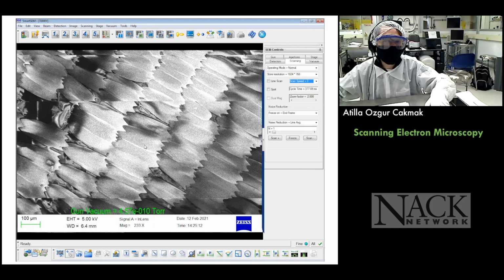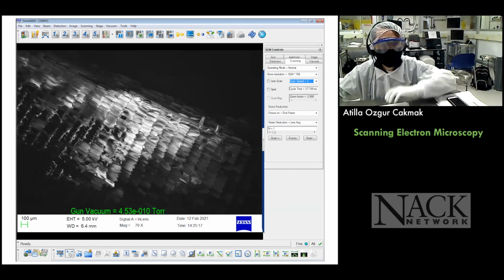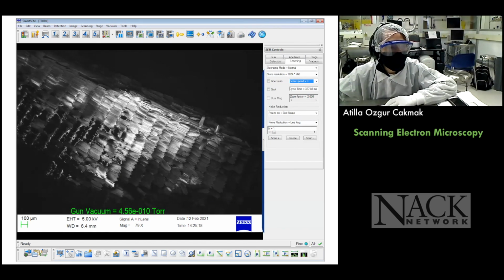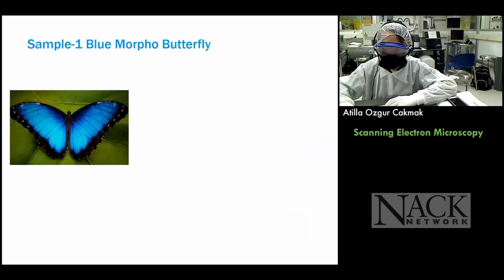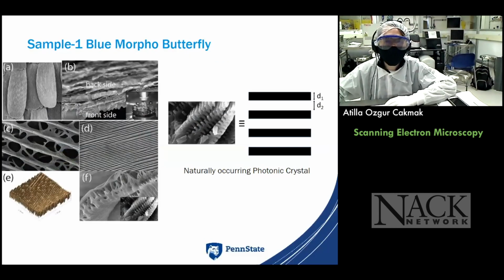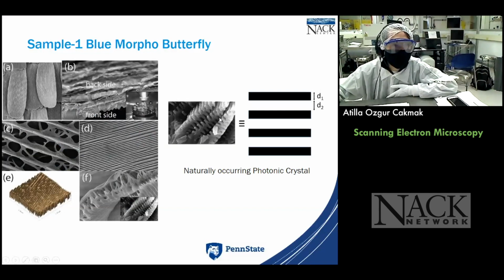We lost all that information, but now we have an idea why the color is this particular color. Now let me go a little bit more. It's because of this. So you can immediately see the top surface topography, but when we take a cross section, we see that there are these what we call lamellar structures, cascaded like woodpile-like structures, one after another.